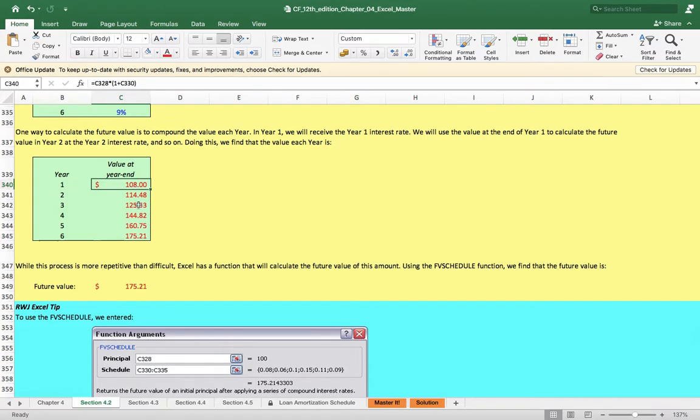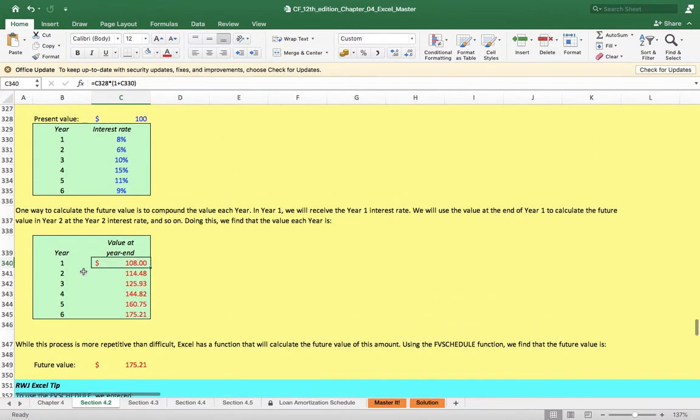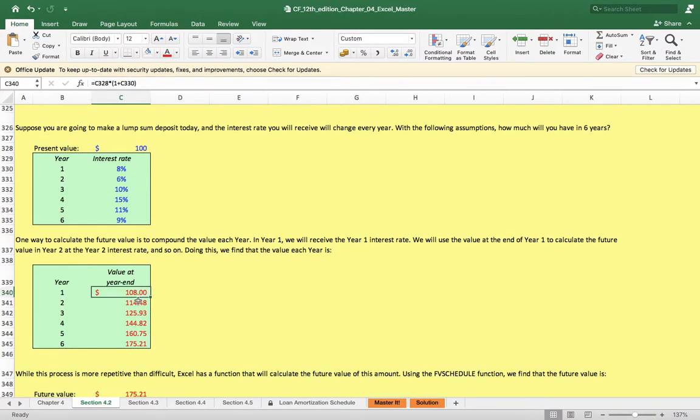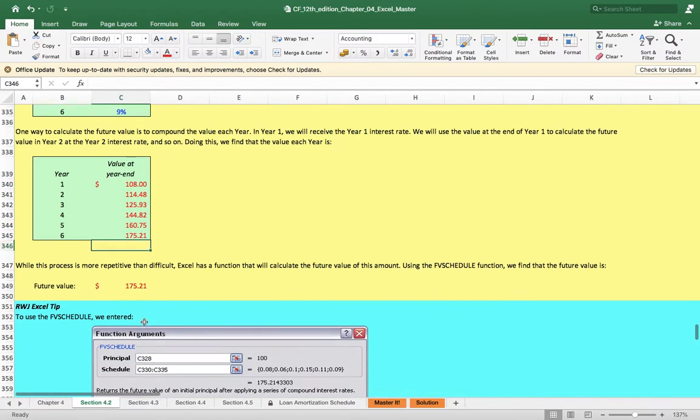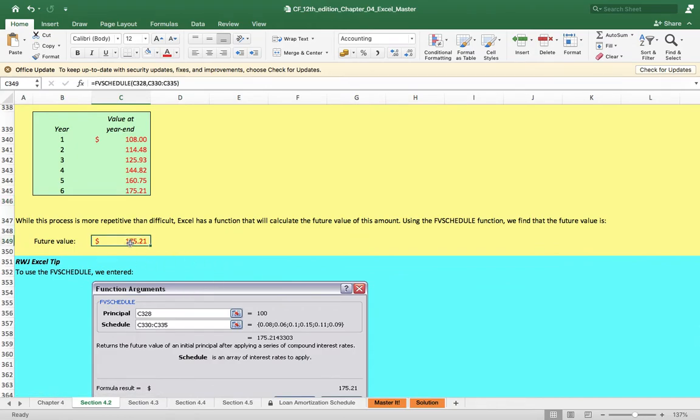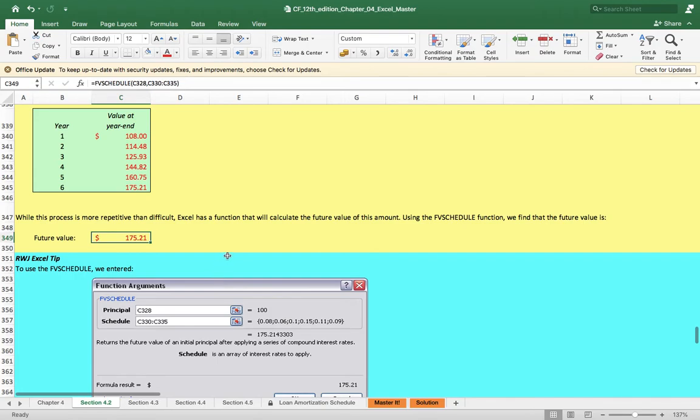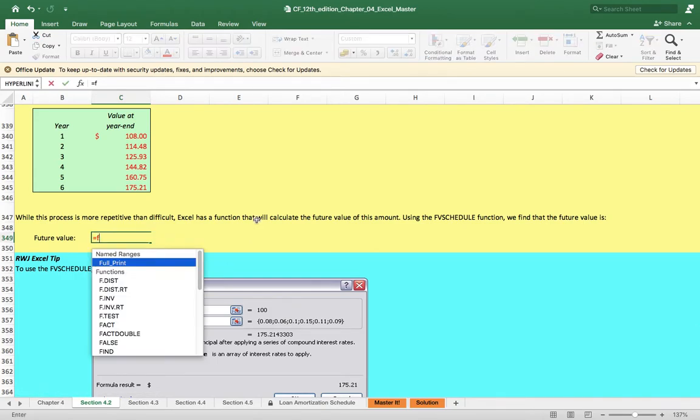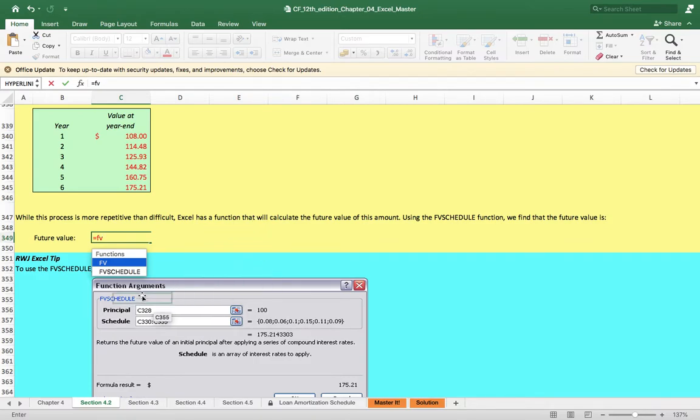How? Future value of first year is equal to present value times 1 plus r to the power t. Future value of second year is equal to present value at end of first year multiplied by 1 plus r to the power t. Like that, every year you calculate. It is tedious now, right? So there is an inbuilt function, you can use it. There is a function called FV schedule.